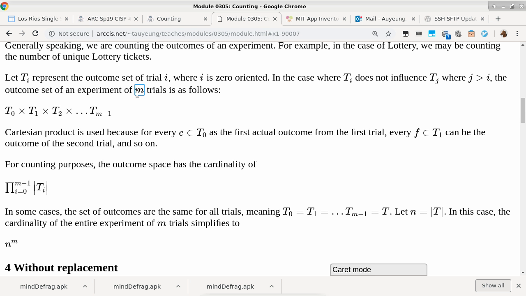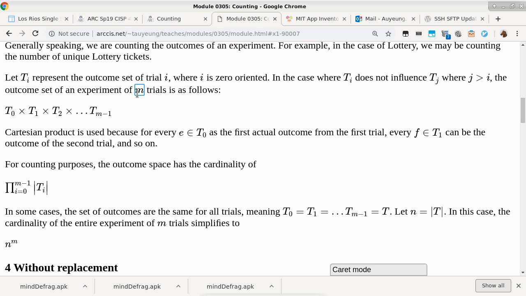I just use f to distinguish it from the e here. So if you choose one thing out of T0, what can be combined with it from the second trial? Every single one of them. So that's basically what it's saying. Any other questions?